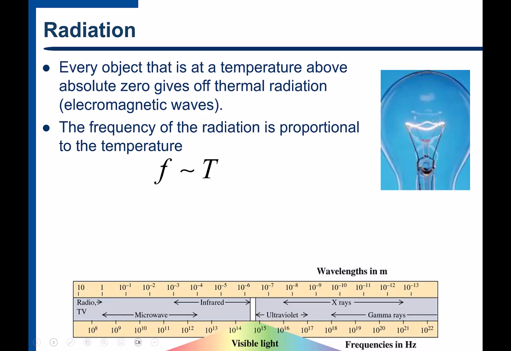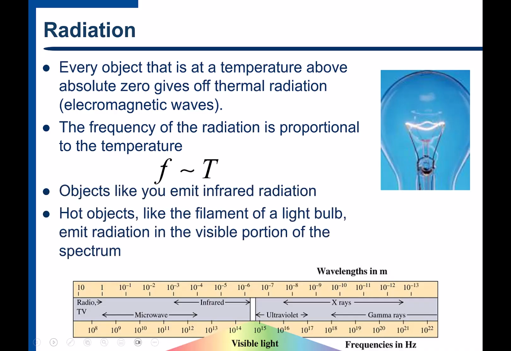So the higher the temperature of the object is, the higher frequency electromagnetic radiation is emitted. So objects like you and me, we're not that hot, so we emit in the infrared part of the spectrum. But something like the filament in a light bulb is hotter, and therefore it emits at a higher frequency.